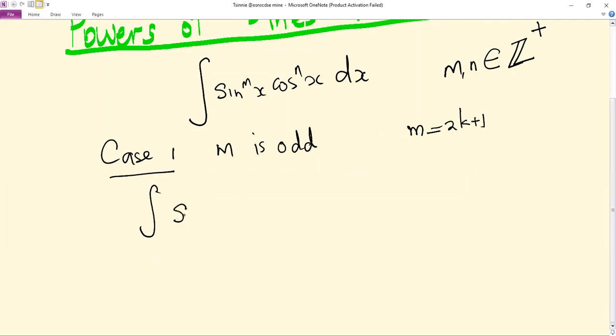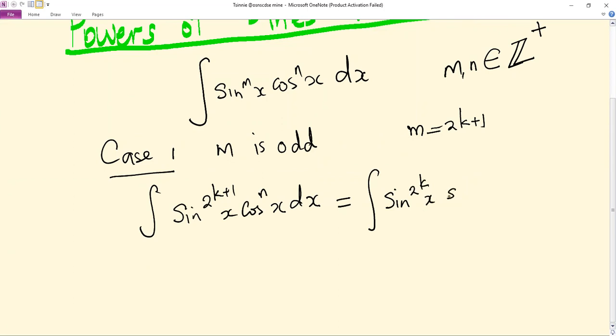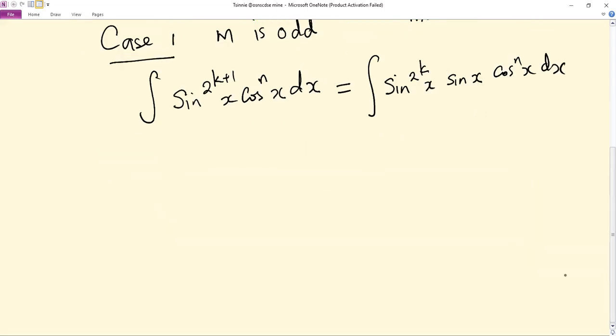So you write this one as sine of 2k plus 1, and then cosine of x raised to n dx, and then you split this one as sine 2k, times sine of x, and then cosine power n x dx, such that this will be the same as the integral of sine squared x to the power k, and then sine x cos power n x dx.